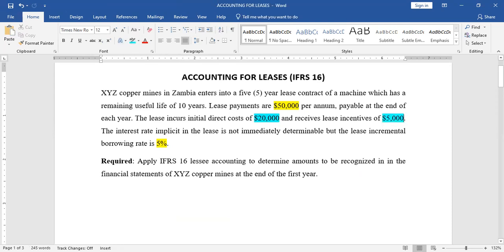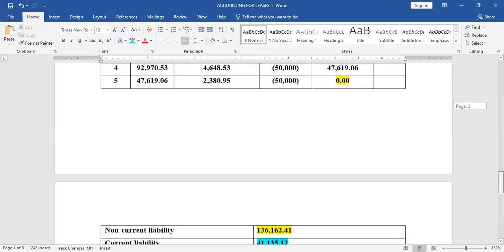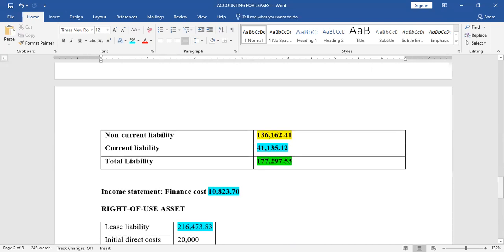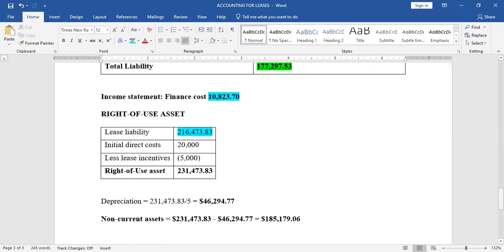So lease liability, which we have already calculated, plus direct cost attributable to the lease, 20,000, minus lease incentives of $5,000, we arrive at the right of use asset, which is 231,473.83. And then we're going to depreciate this asset over a period of 5 years.